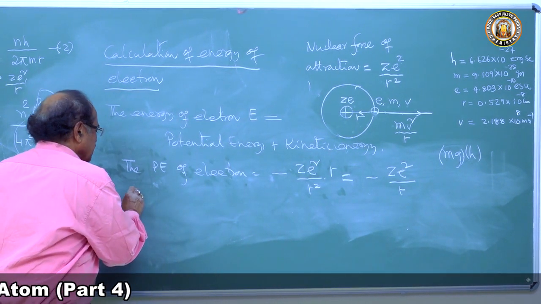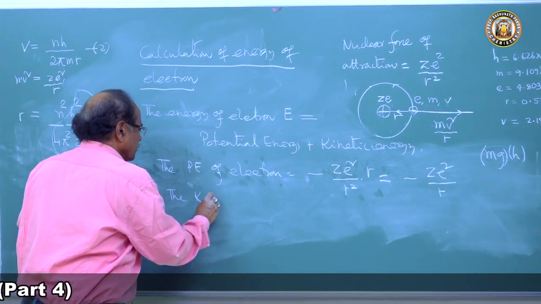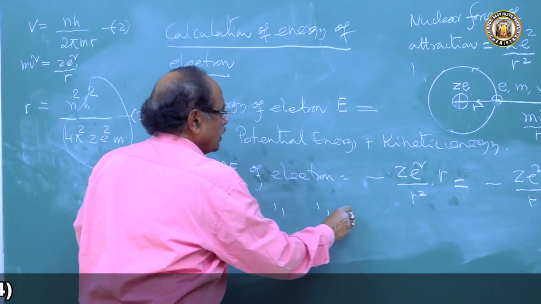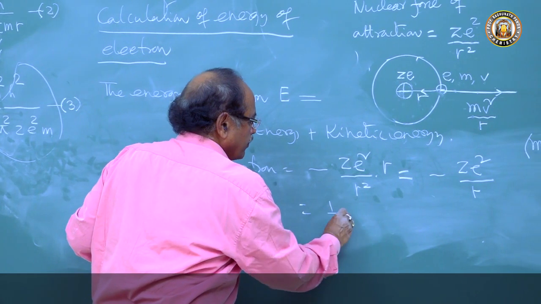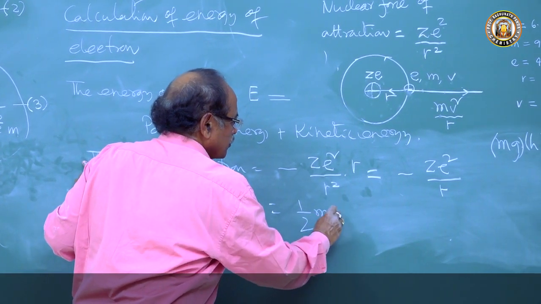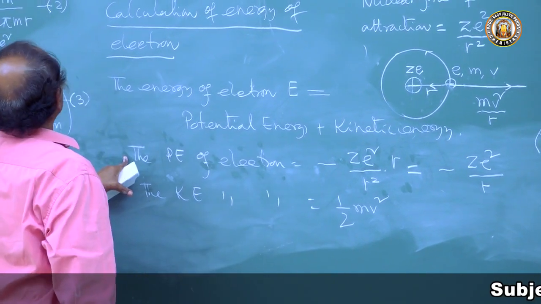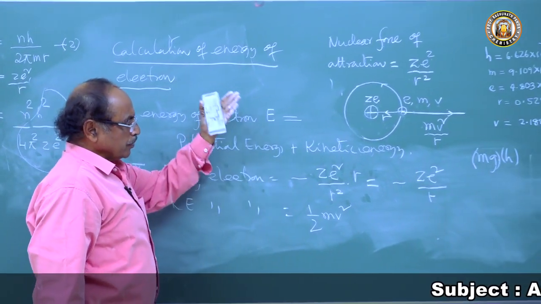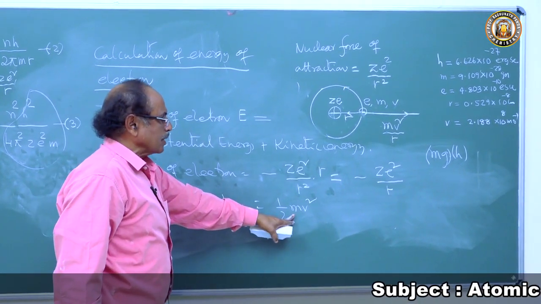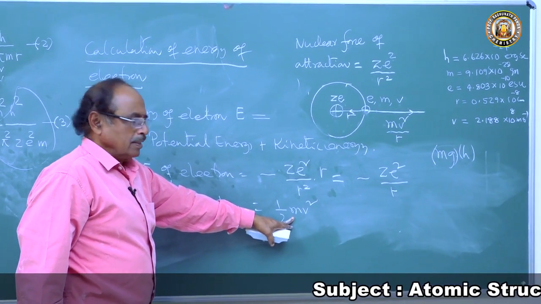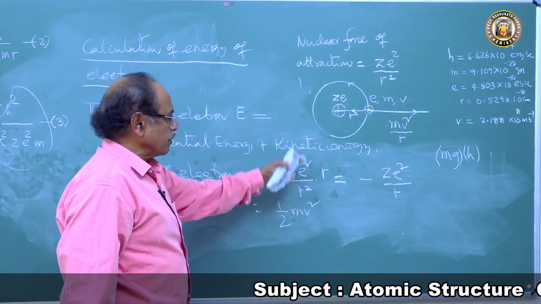The kinetic energy of the electron will be half mv square. But what is mv square? If you go to equation 1, we have taken the outward force mv square by r equal to Ze square by r square, so mv square is equal to Ze square by r.